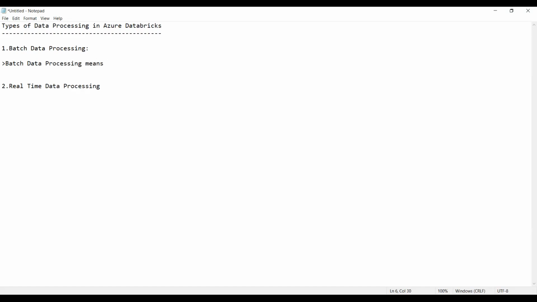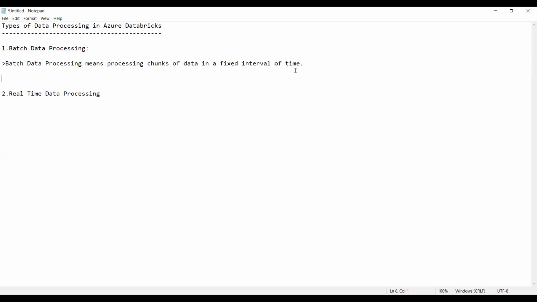Okay, batch data processing means processing chunks of data in a fixed interval of time.